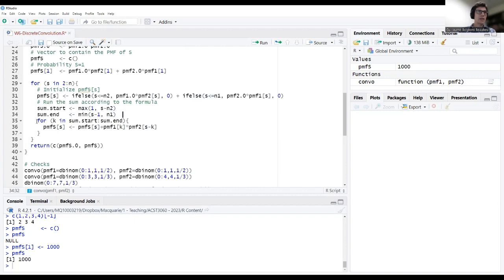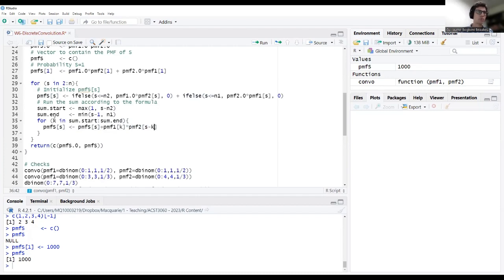And then I just need a for loop to compute this sum. This is the sum running for values of k from this thing to this thing. So for k in some start to some end, and then this is just the formula: PMF S of S, which I initialized here, plus whatever the formula is saying, PMF1 of k times PMF2 of S minus k.